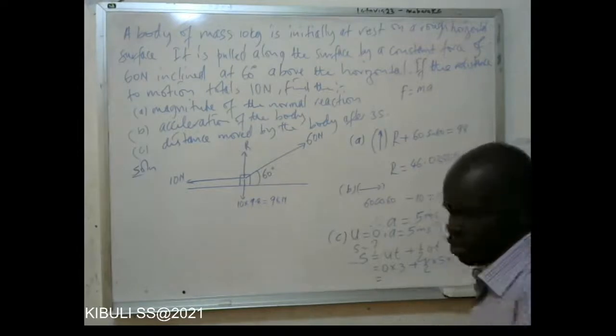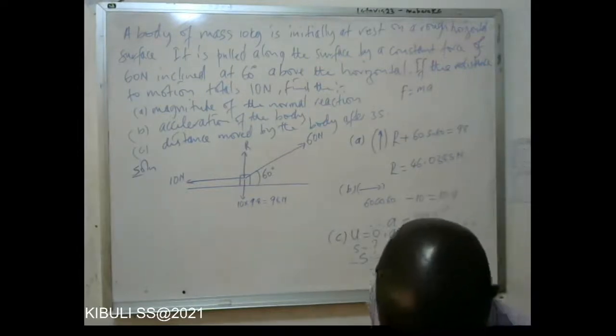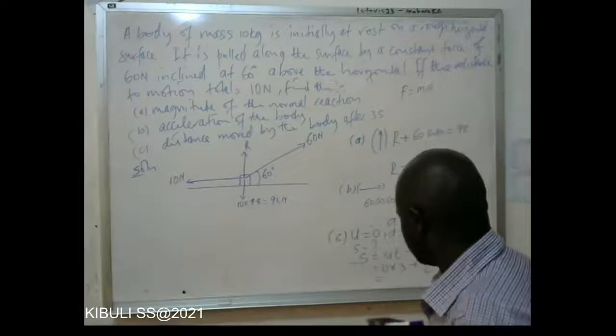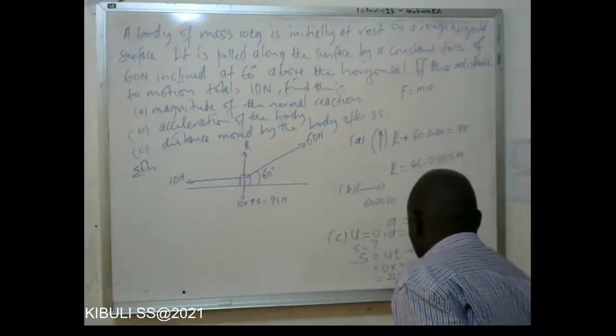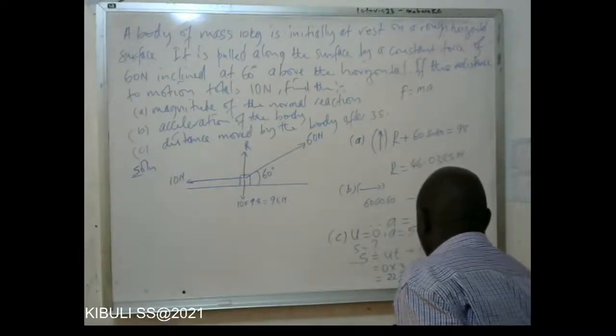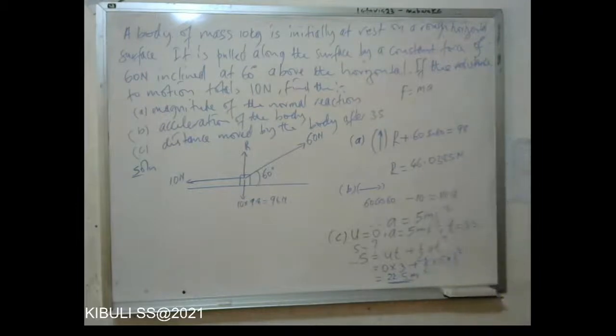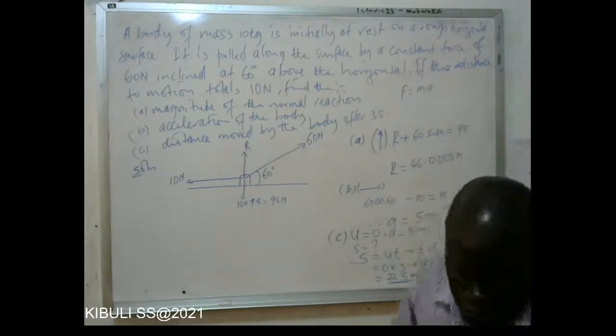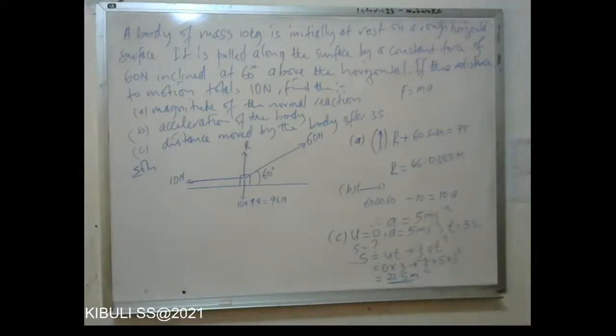When we calculate this, we get s to be 22.5 meters. So this is the distance through which the body moves.